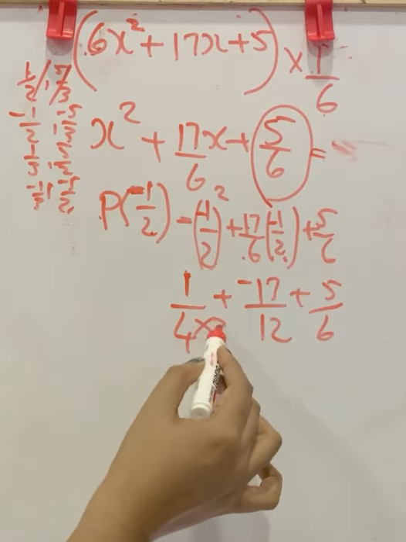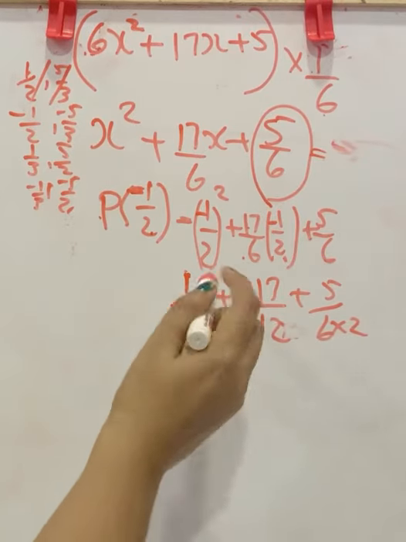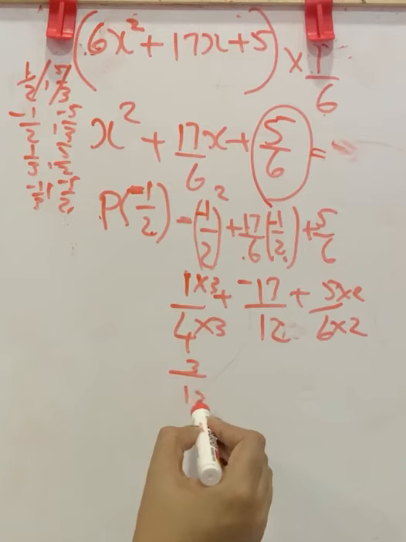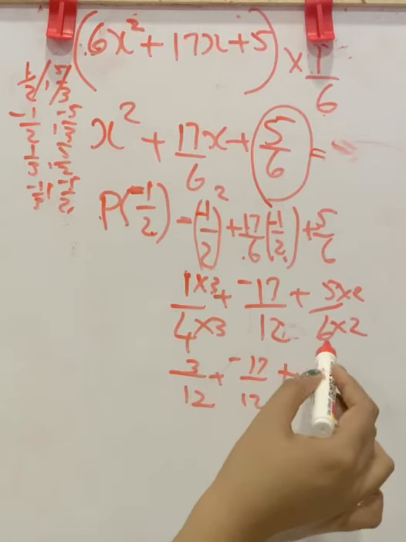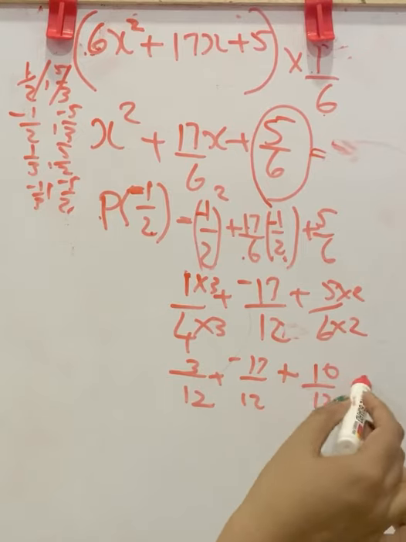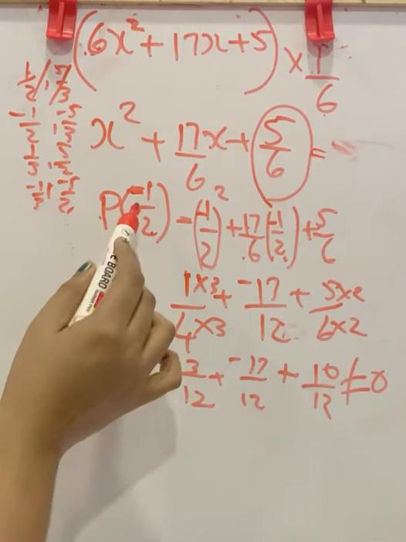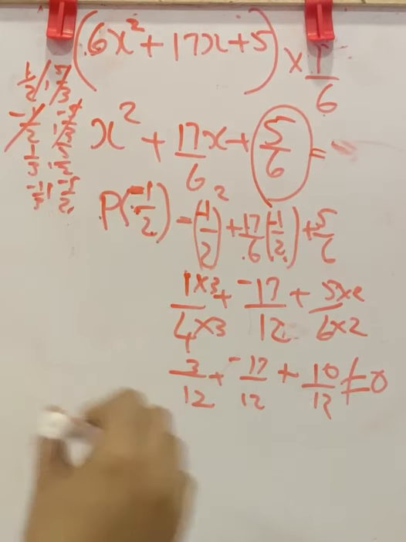Here again 12 is the LCM. Here also into 3 and here also into 2. 3 by 12 plus minus 17 by 12 plus 10 by 12. The result is again not equal to 0. So this is not a factor, and so its pair will also not be a factor.